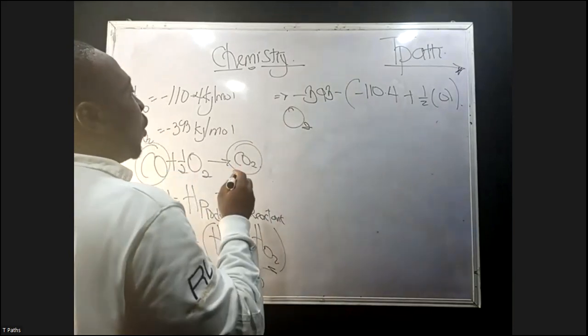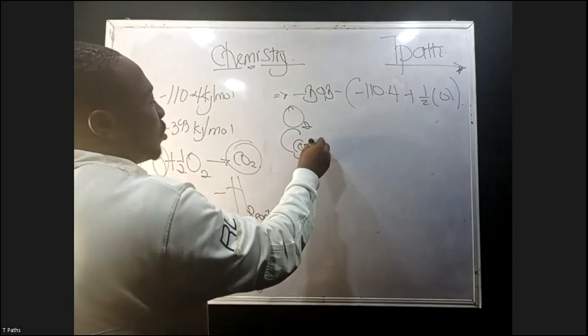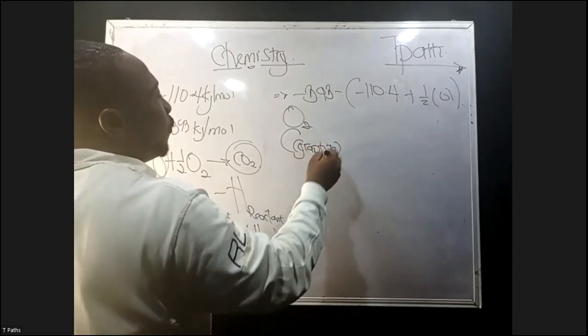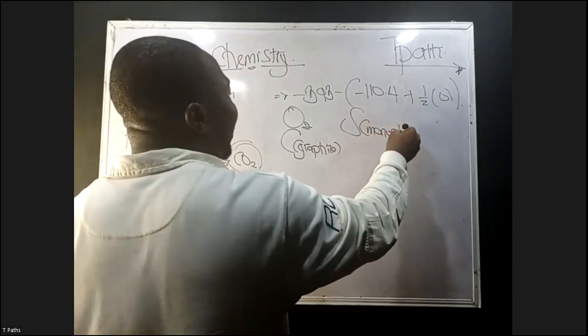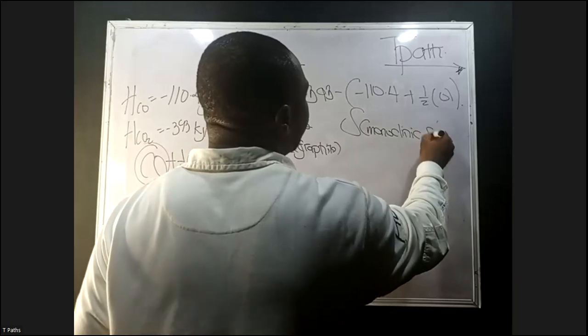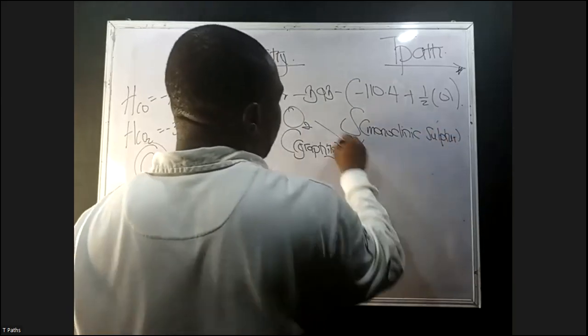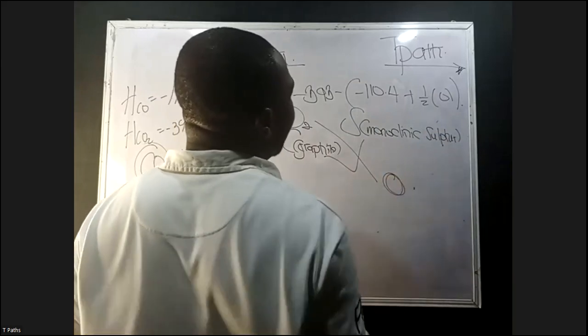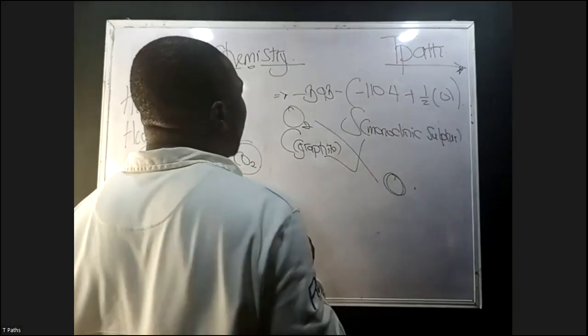For carbon, we have carbon graphite. For sulfur, we have monoclinic sulfur. In cases like this, the enthalpy will always be equal to 0. That's why the question does not give the value of the enthalpy. So you can work with that.